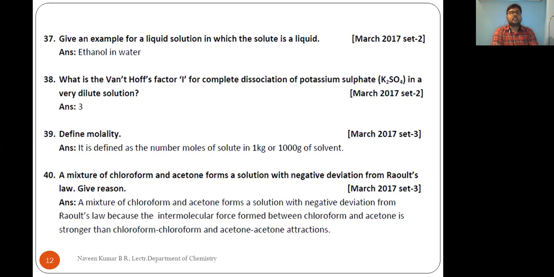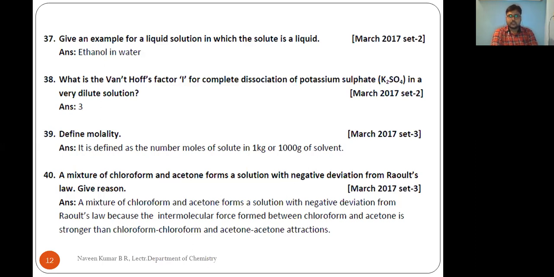Next question. A mixture of chloroform and acetone forms a solution with negative deviation from Raoult's law. Give reason. For negative deviation, the new interaction should be stronger than the solute-solvent interaction. Considering the chloroform-acetone interaction, the new interaction formed is due to hydrogen bonds.